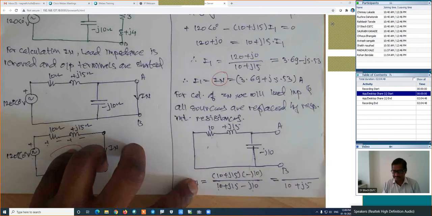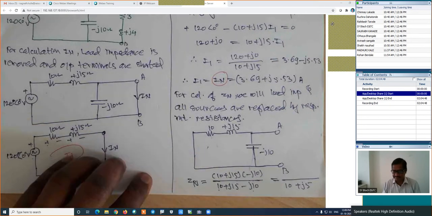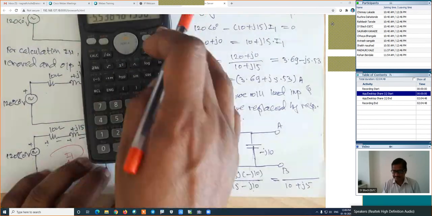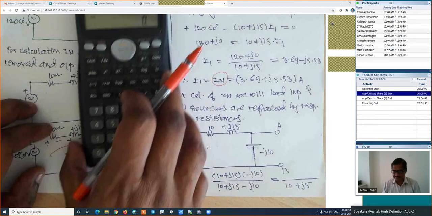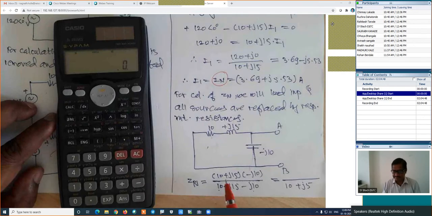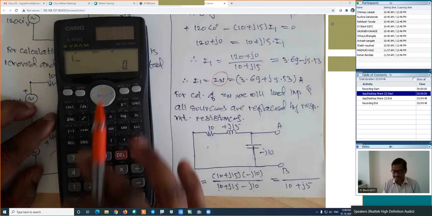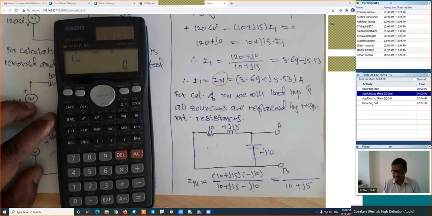Is it right? How much is the numerator? I will multiply this using the calculator. Otherwise, you can use oral calculations also if you are comfortable. Otherwise, I will use the start bracket because my calculator is already in the complex mode. This into this, 10 plus J15. It is 10 plus 15i.